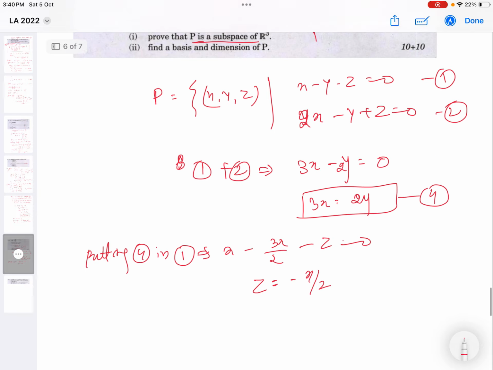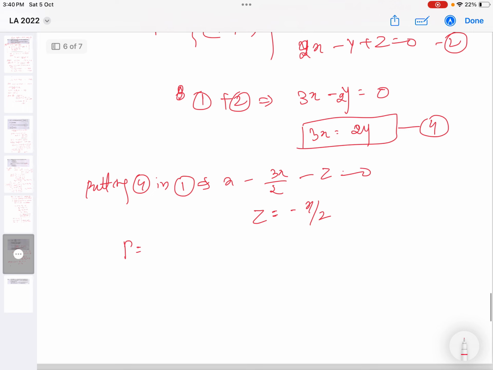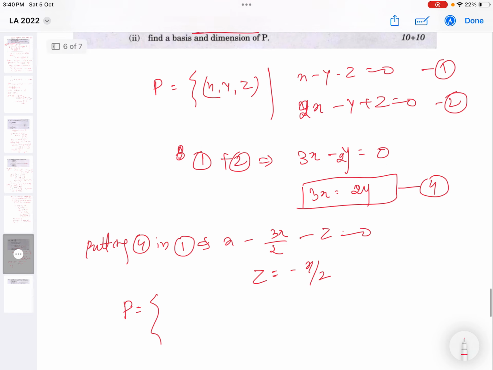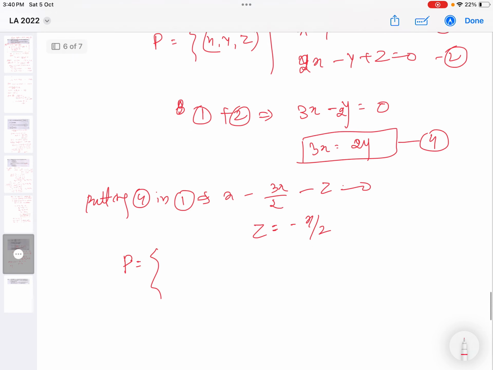So the entire P will become x, y is nothing but 3x by 2, z is nothing but minus half.